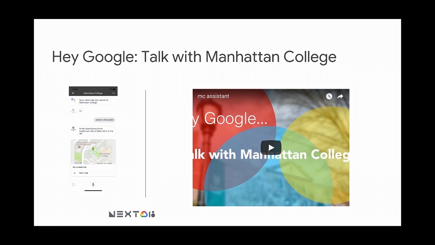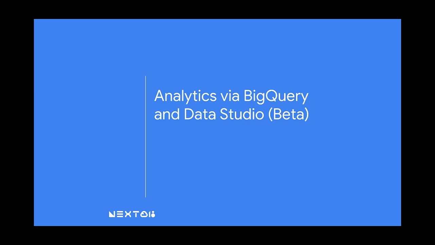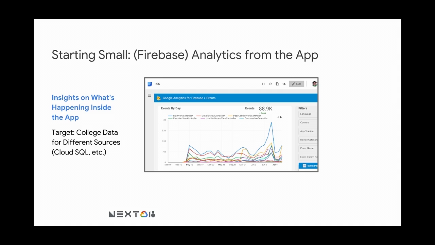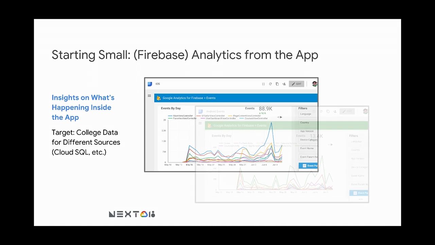I'm running out of time here, so I won't show this little demo. Again, we're using analytics via BigQuery and Data Studio to look at some of the information from the app. This is a segue into learning more about how we would use Cloud SQL to analyze and bring together other data sets from the college at a higher level.